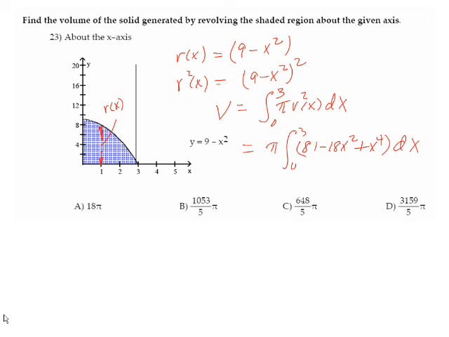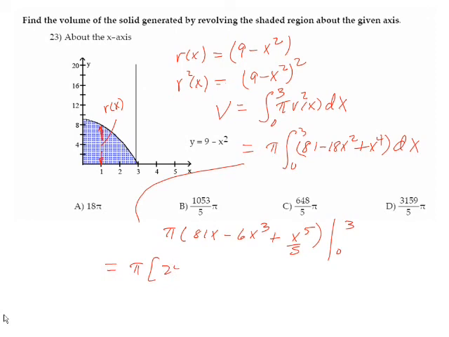And when we integrate this, we'll get pi times 81x minus 6x cubed plus x to the 5th divided by 5. Evaluating between 0 and 3, plugging the 3 in, we get pi times 243 minus 162 plus 243 over 5, and this equals, I believe, 648 pi over 5, and the answer is C.